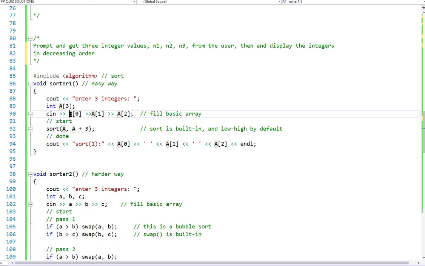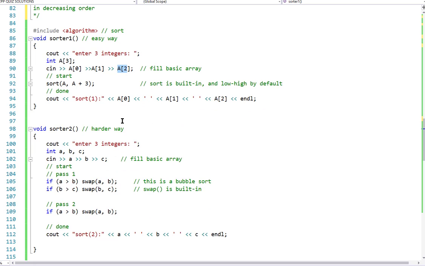When the person types in a number, A0, A1, and A2 get filled with data. And then I say, hey sort, go to the first member of the array, A0, go all the way up 3 memory locations. So we'll go 1, 2, 3, and put those things in order. And when you're done, print out A0, A1, and A2, and the values will be switched around.